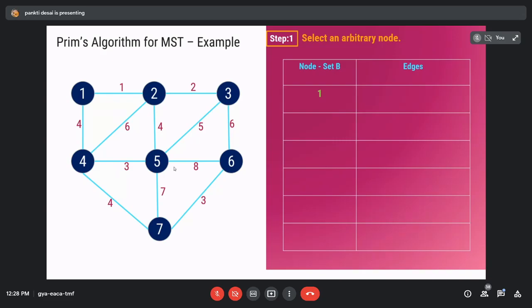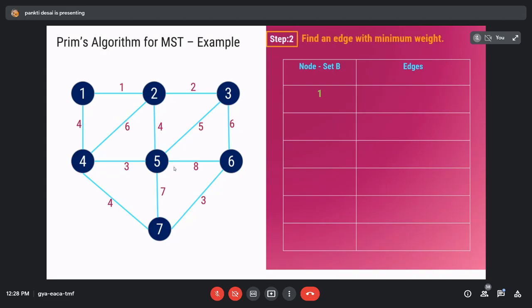So in Prim's algorithm, the first node we select is 1, right?